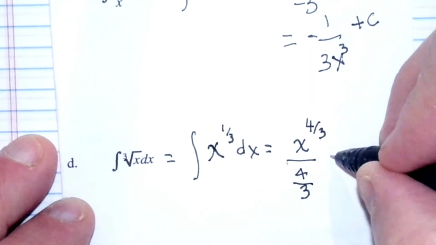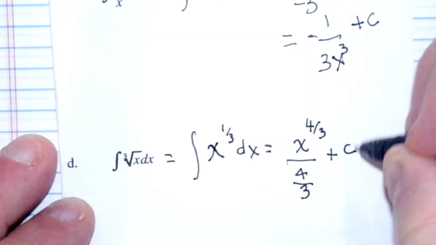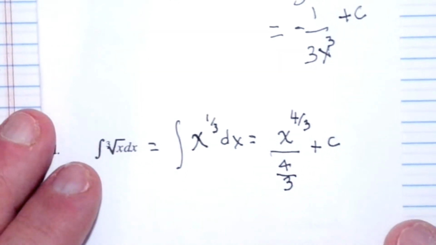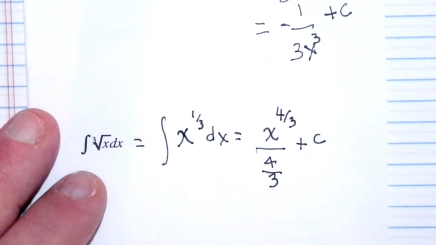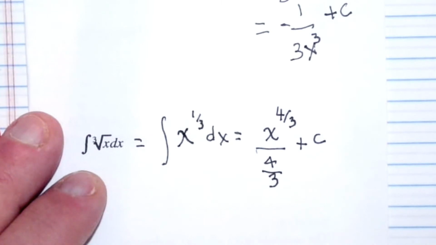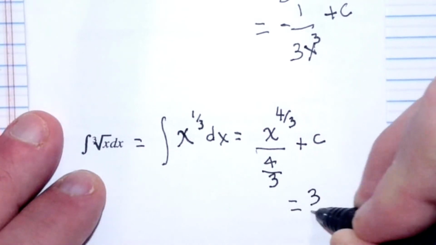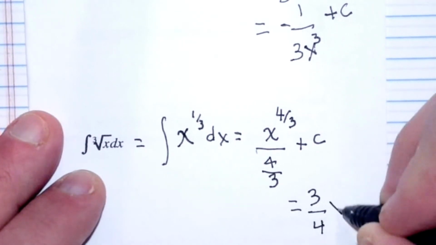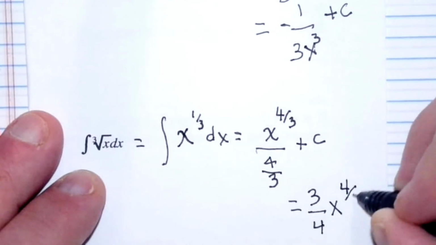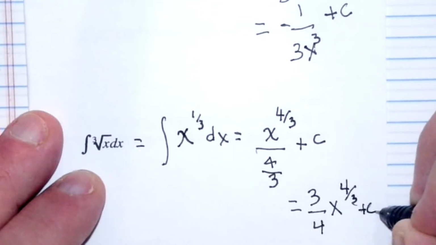Well, that's ugly. We can make it look a little better than that. Instead of dividing by 4/3, how about we multiply by the reciprocal 3/4? So this would be the same thing as 3/4 x to the 4/3 plus c.